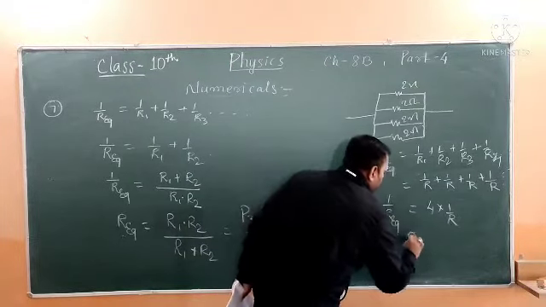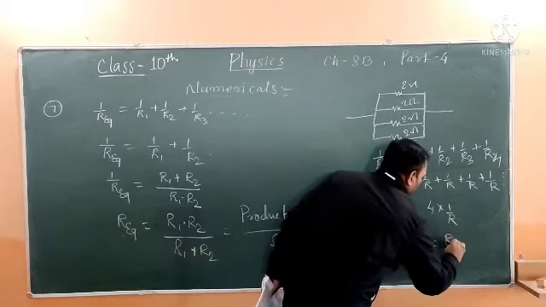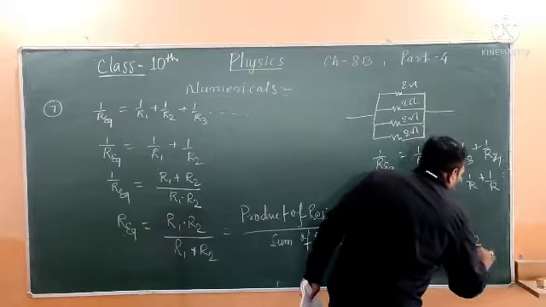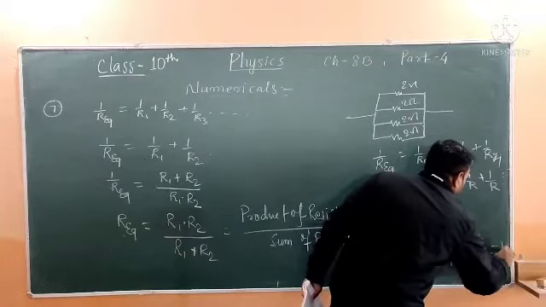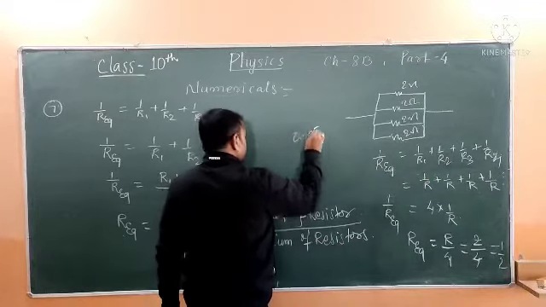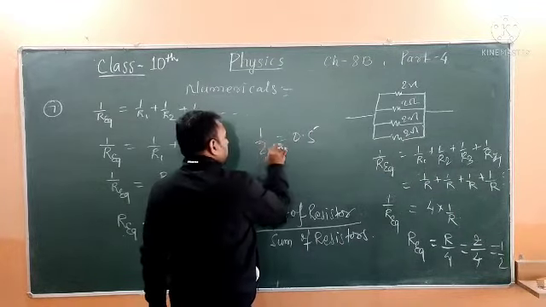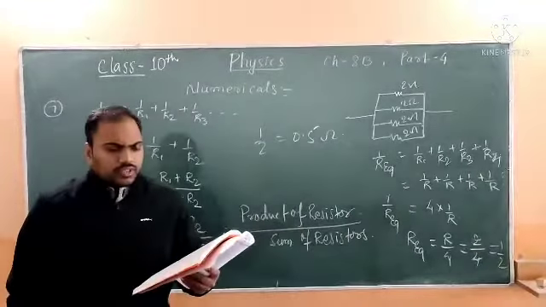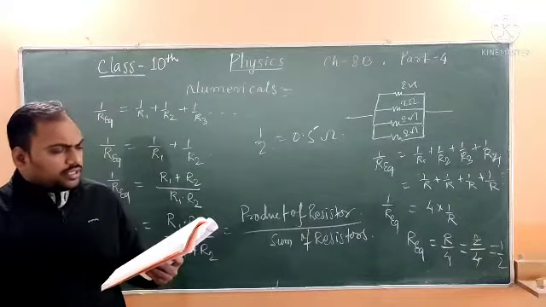So R equivalent will be equal to R upon 4. Here R is equal to 2. So 2 upon 4, that is 1 upon 2, which is equal to 0.5 ohm. Okay? I hope you get it.